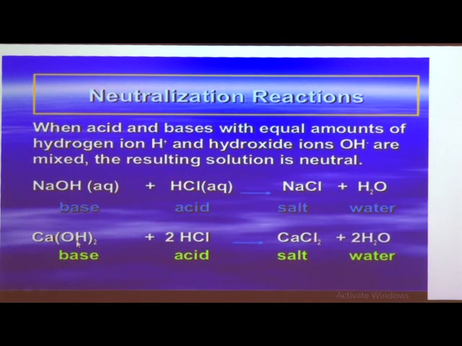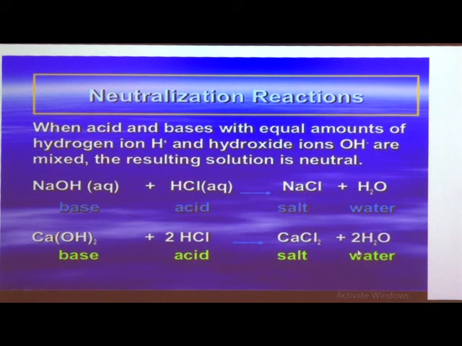So this is Ca(OH)2, and 2 HCl we have to add. Then when we add these two substances, acid and base, we will get CaCl2, which is a salt, and also 2 molecules of water after this reaction. So I hope you understood how mixing of acid and base gives us a salt, or a neutral substance, and also water after this reaction.